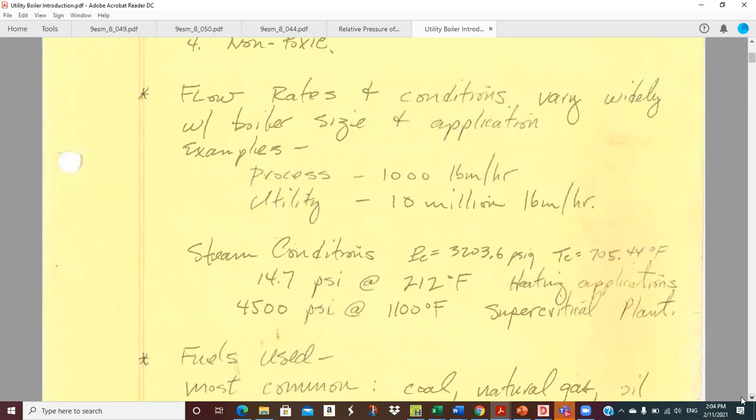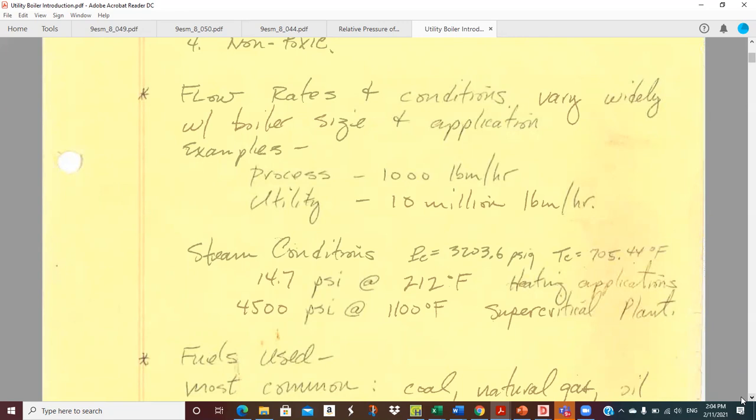A 1,300 megawatt unit is someplace around 10 million pounds an hour. That's a boatload of steam. Steam conditions, well, if you're just doing heating, maybe it's atmospheric pressure or slightly pressurized, 212, 250, something like that.